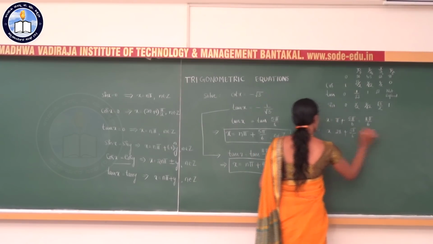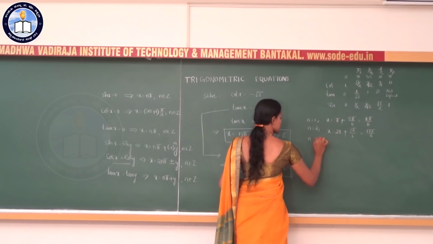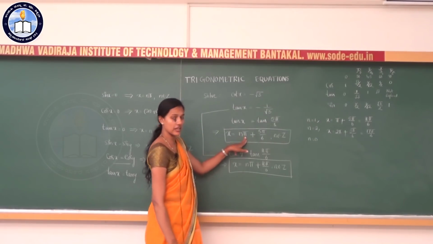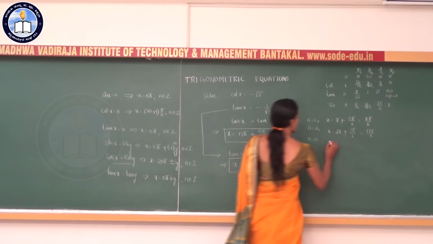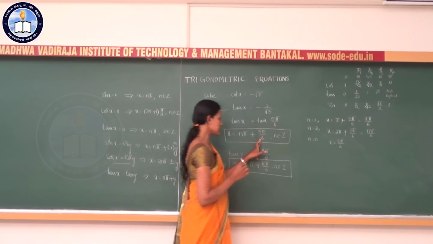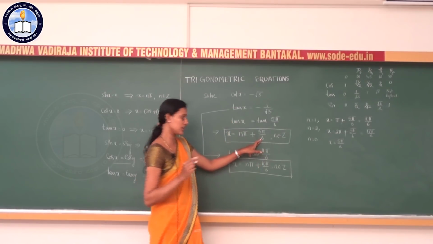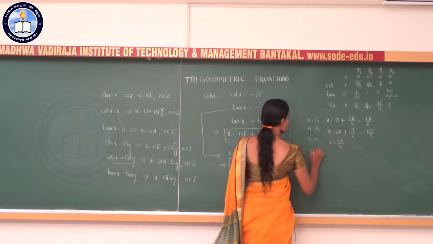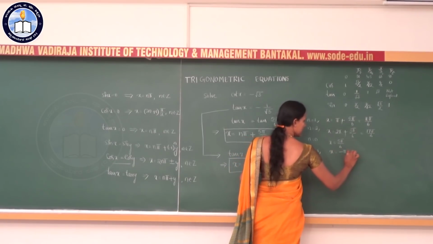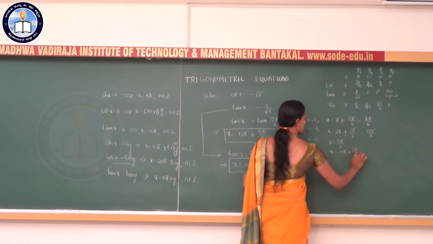that is 17 pi by 6. Or I can substitute n as 0. If I substitute it as 0, 0 into pi is 0 plus 5 pi by 6. If I substitute n is equal to minus 1, x is equal to minus pi plus 5 pi by 6.